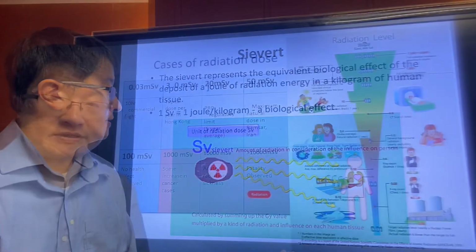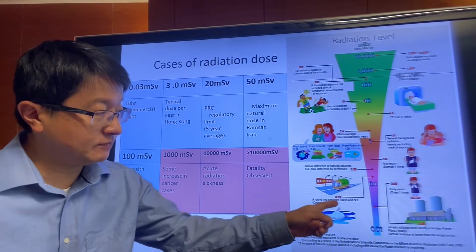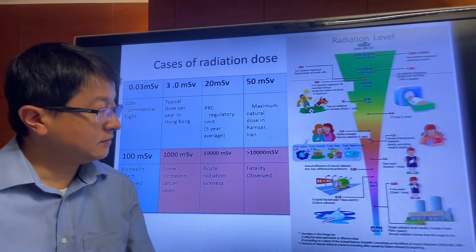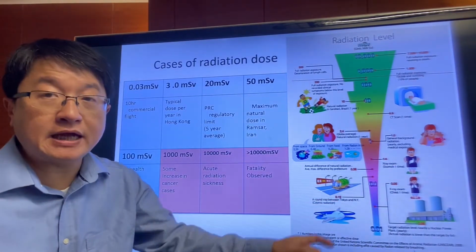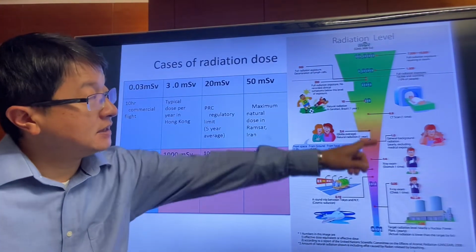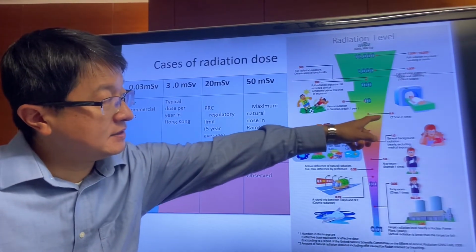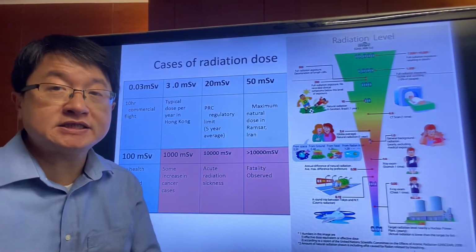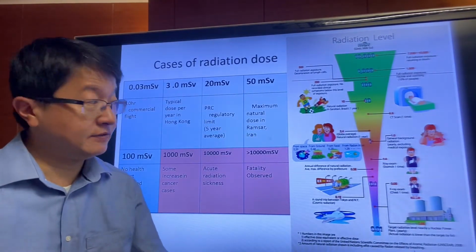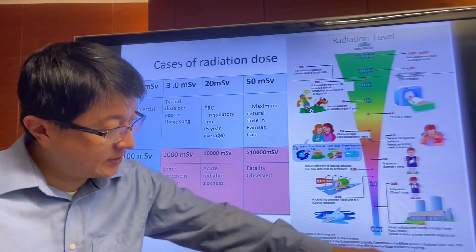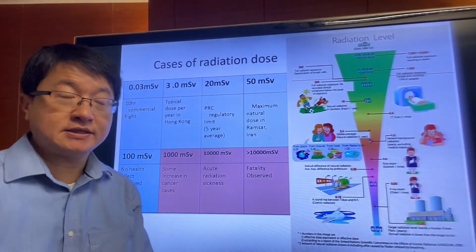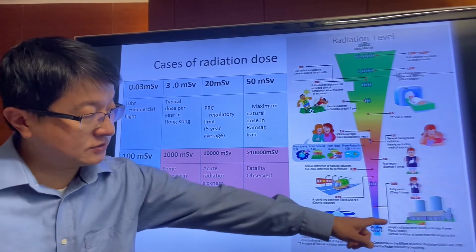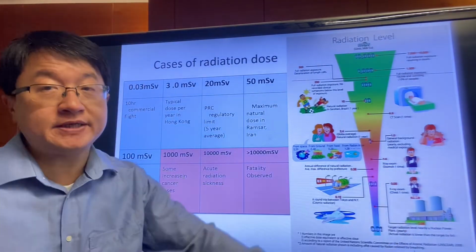For example, when you take a flight from Tokyo to New York, you receive 0.19 millisieverts. And when you do a CT scan, the radiation is about 6.9 millisieverts. Compared with that, the target radiation level in a nuclear power plant is only 0.05 millisieverts.